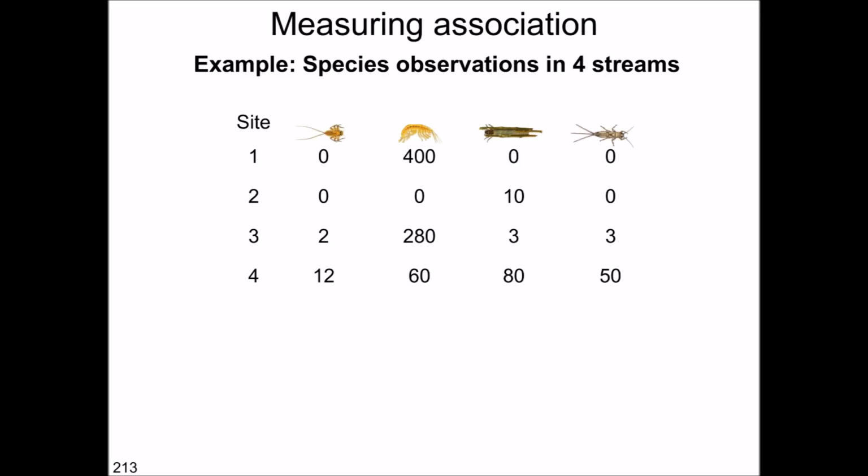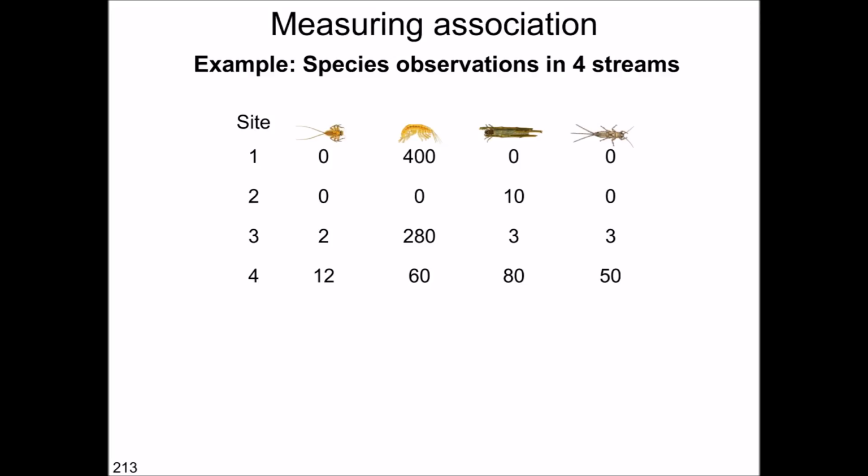In the next part, we turn to association measures. An example that we consider here is that we have observed species in 4 streams. They are just called site 1, 2, 3, 4, and we have monitored the abundance of 4 species of stream macroinvertebrates.